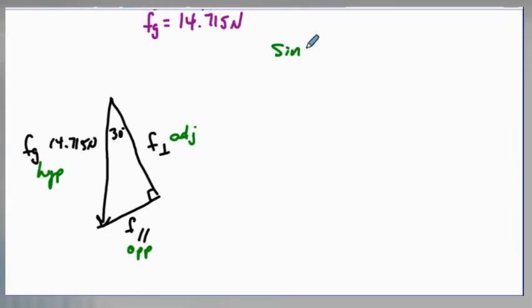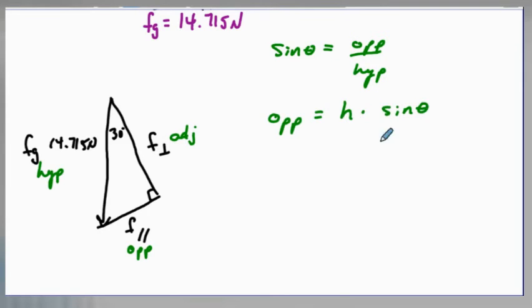We know that the sine of our angle is equal to the opposite divided by the hypotenuse. With a little bit of algebra, we would know that our opposite side is equal to the hypotenuse multiplied by the sine of theta. So in this particular example, we would have 14.715 newtons times the sine of 30 degrees.